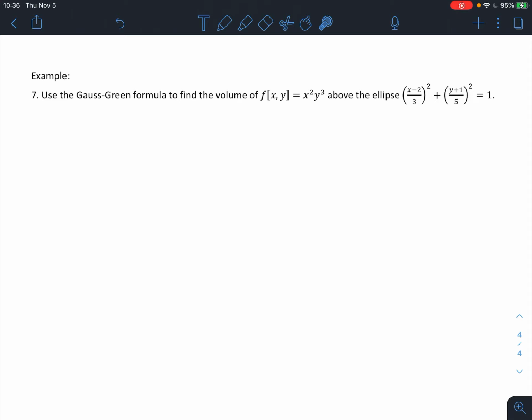Use the Gauss-Green formula to find the volume of f of xy equals x squared y cubed above that ellipse. The first thing we're going to want to do is parameterize the ellipse. So x of t is going to be 2 plus 3 cosine t.